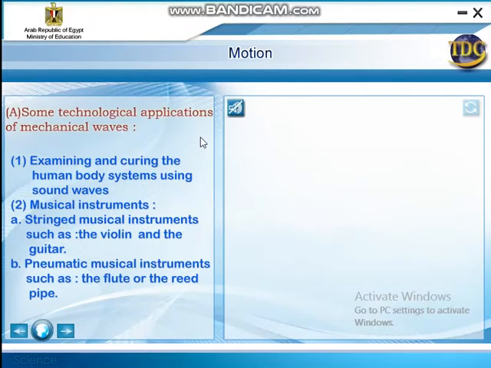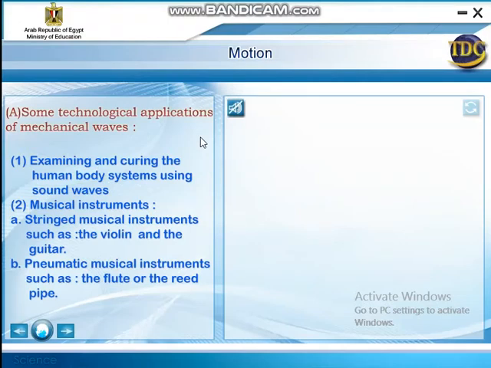Mechanical and electromagnetic waves have many technological applications. First, mechanical wave applications. Number 1, examining and curing human body systems using sound waves such as ultrasonic waves.